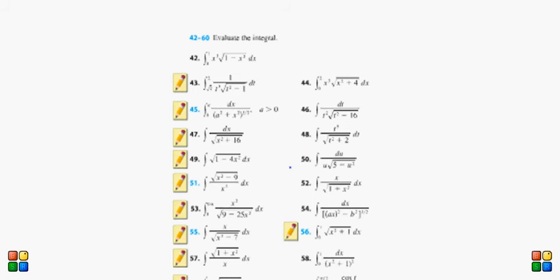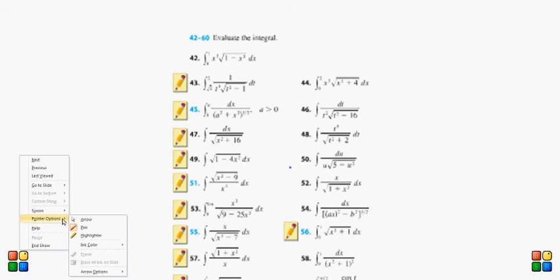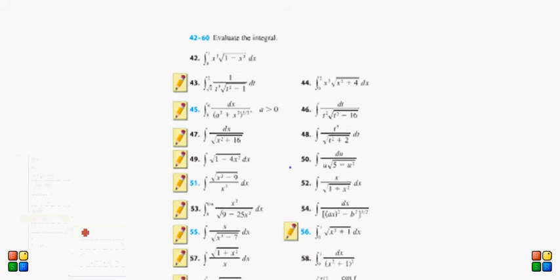So let's talk about step 1 of the process for doing a trig substitution. Step 1 was identify what trig substitution to do. Identify whether it's a secant or a sine or a tangent substitution. So let's look at these integrals and see which is which.